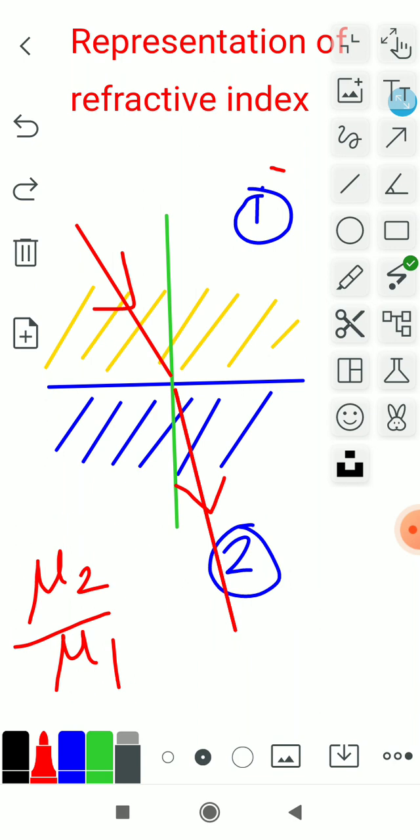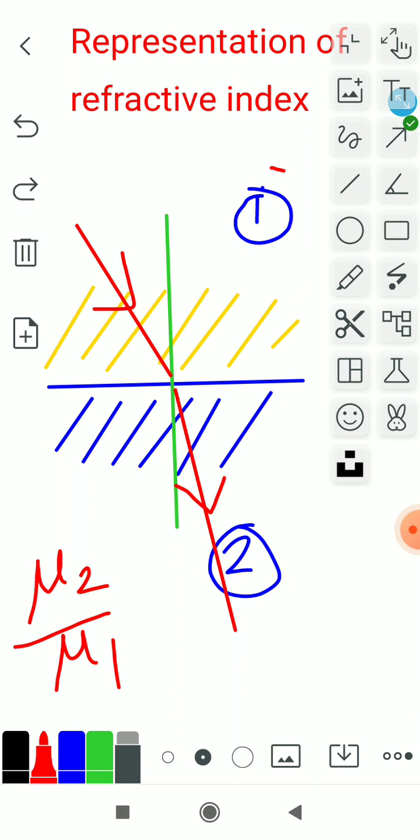It represents the refractive index of medium 2 with respect to medium 1. If the reverse happens, that is, if the light goes from 2 to 1, then it would be mu 1 by mu 2, the opposite.